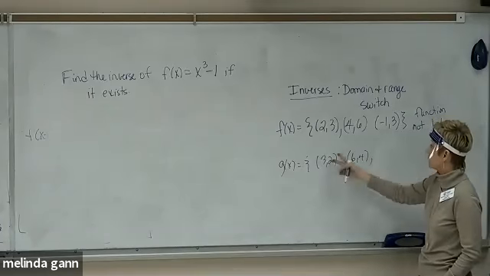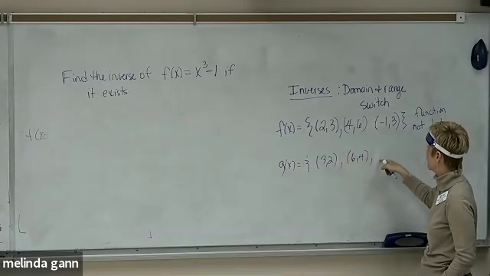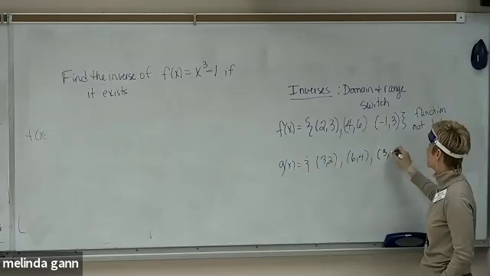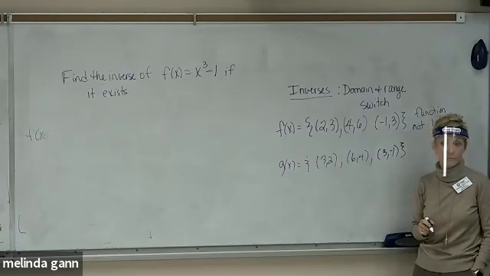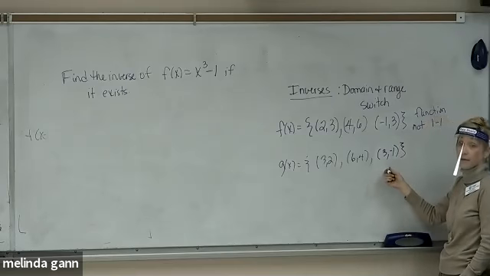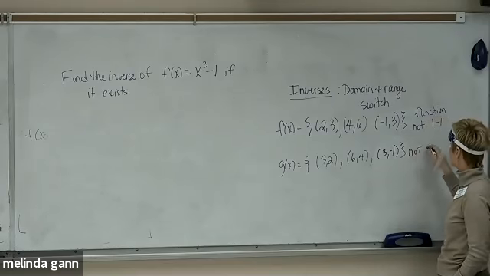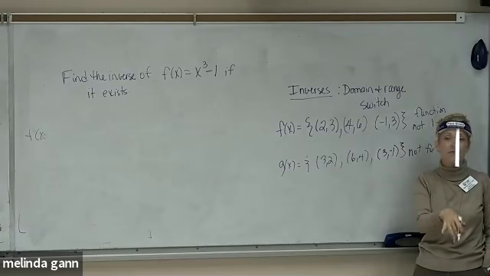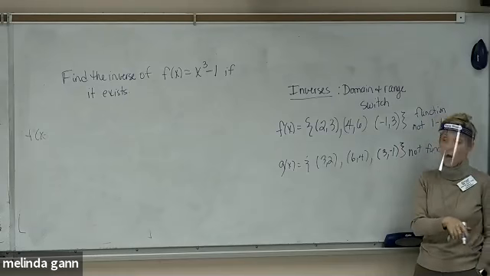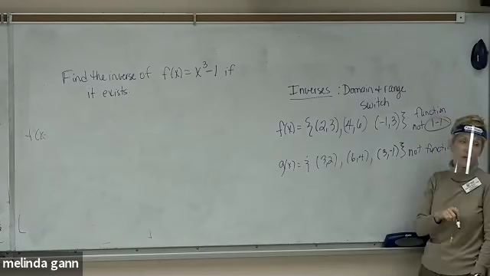Now, what happens when I reverse here? What is this one going to be? 3 what? Anybody see a problem? This one is not a function. All functions don't have inverses. Only one-to-one functions have inverses.